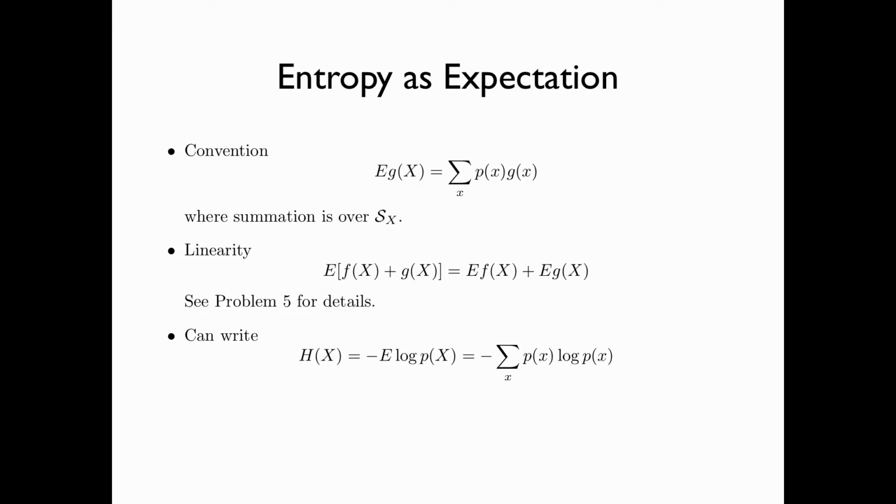With this convention, we can write the entropy of X equals minus E[log p(X)], equals minus the summation over x of p(x) log p(x), where g(x) is equal to log p(x).